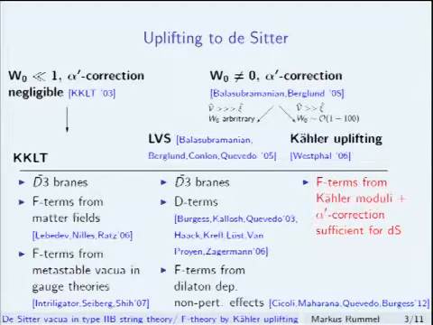Starting with a variety of ways to stabilize the moduli, there are different ways to uplift, and there are three branches, so to say, of moduli stabilized scenarios in IIB. The oldest famous one is the KKLT scenario, where the superpotential has to be tuned small and alpha prime corrections can be neglected.